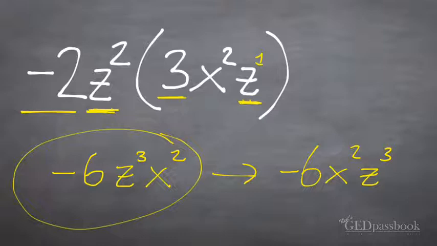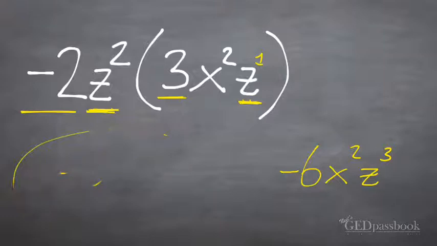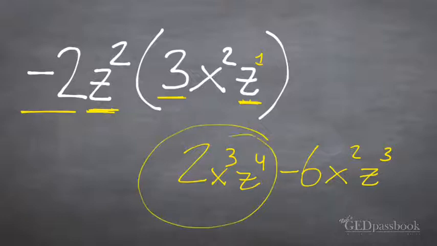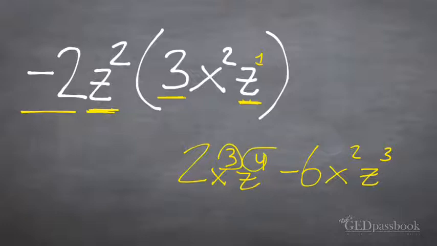So if I happened to have another term, which we're about to do next, such as 2x cubed z to the 4th, this one has to come before the other because of its bigger powers. That's when you really focus on powers, if you have multiple terms that you have to rearrange.